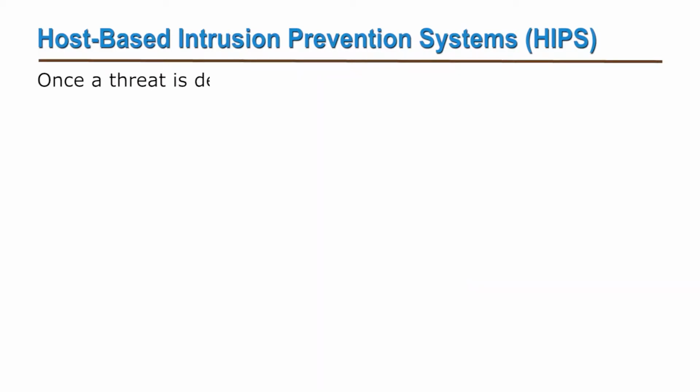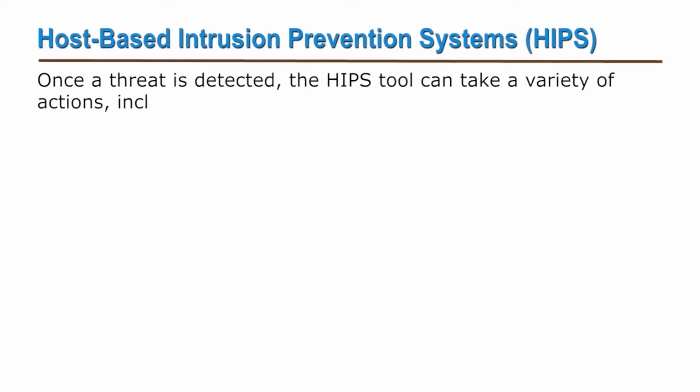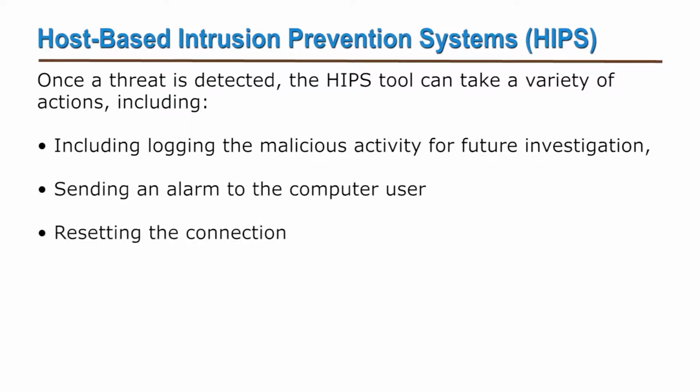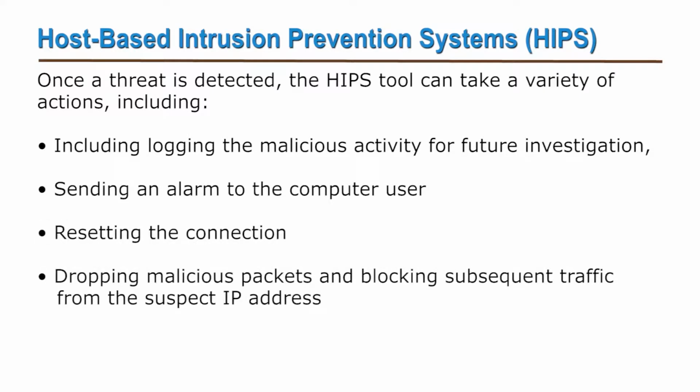Once a threat is detected, a HIPS tool can take a variety of actions, including logging the malicious activity for future investigation, sending an alarm to the computer user, resetting the connection, dropping the malicious packets, and blocking the subsequent traffic from the suspect IP address.